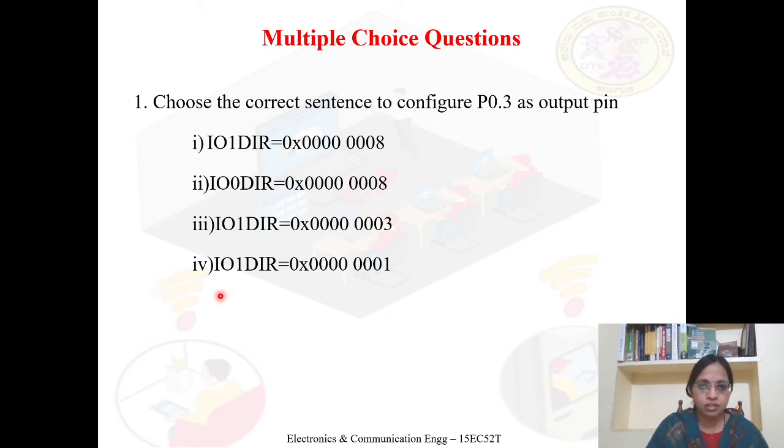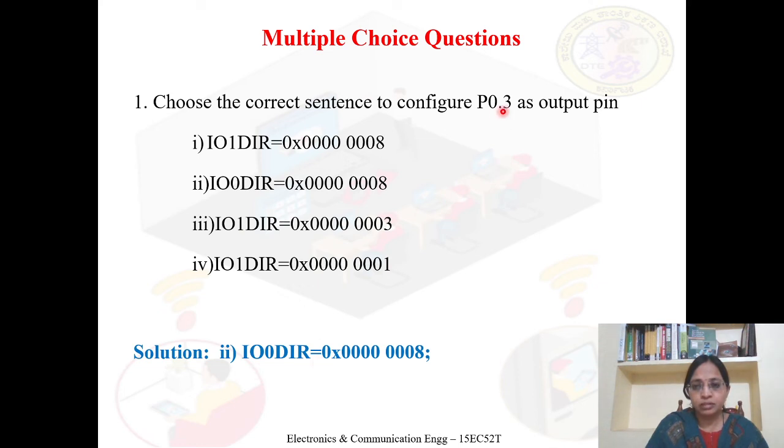Now let us answer some multiple choice questions. First one, choose the correct sentence to configure P0.3 as the output pin. So here I have given you 4 options. Which is the correct answer? Yes, the answer is the second one.